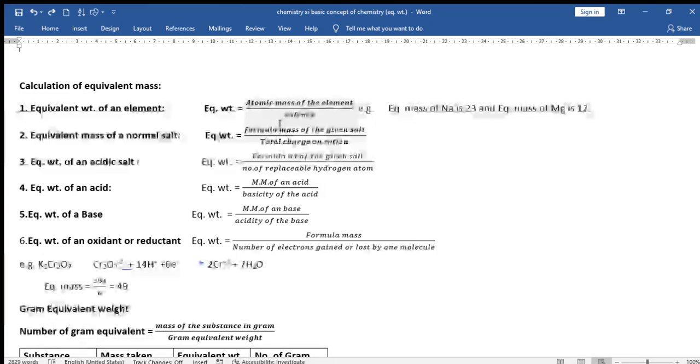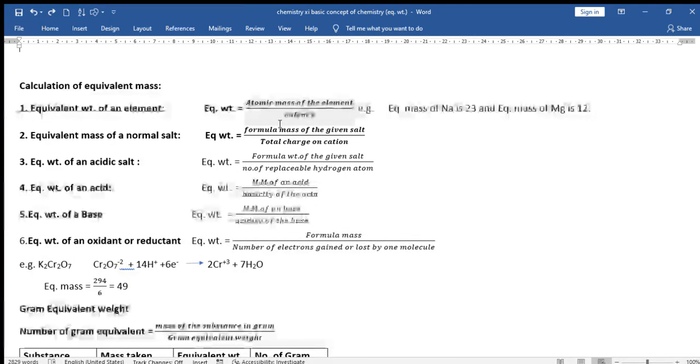As when we are using cuprous salt or cupric salt, copper has valency +1 in cuprous and valency 2 in cupric salt.